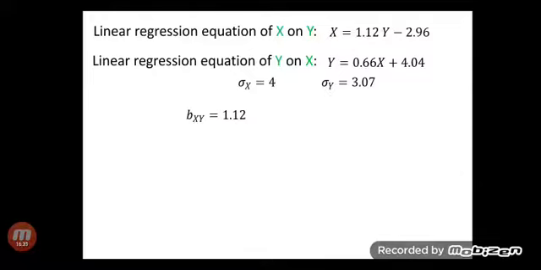Again, here the regression coefficient of x on y is 1.12 and the regression coefficient of y on x is 0.66.